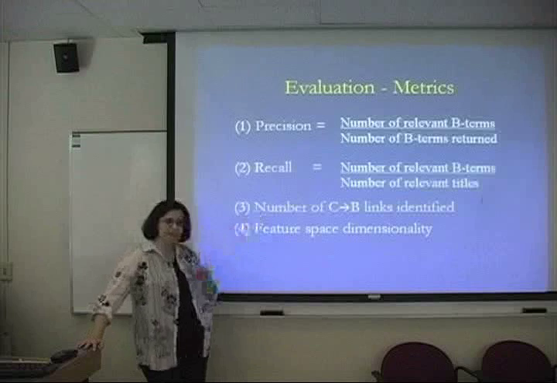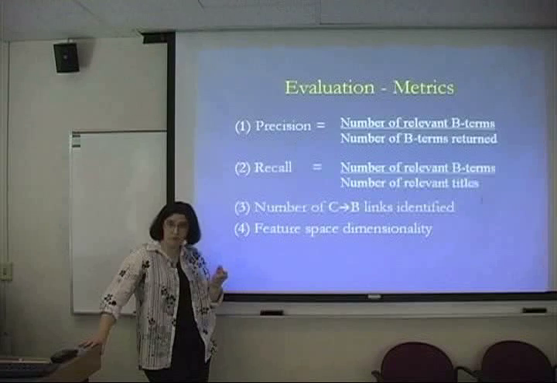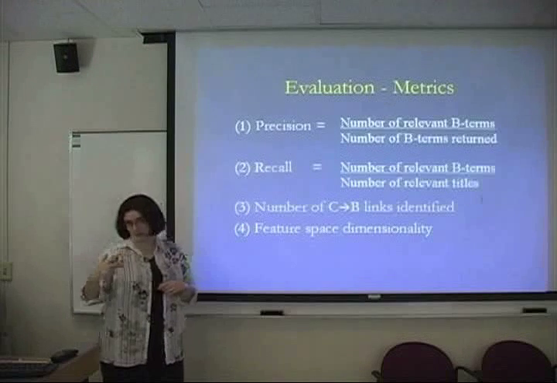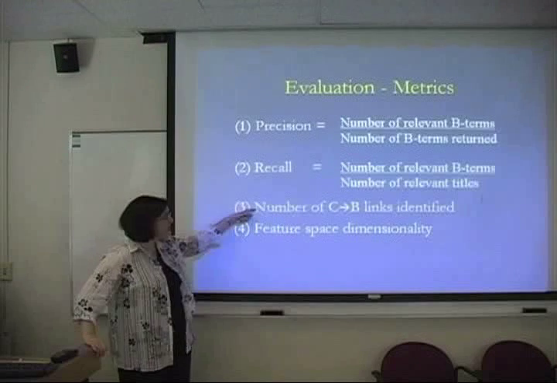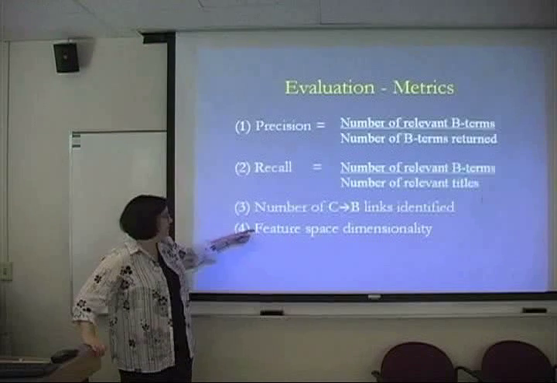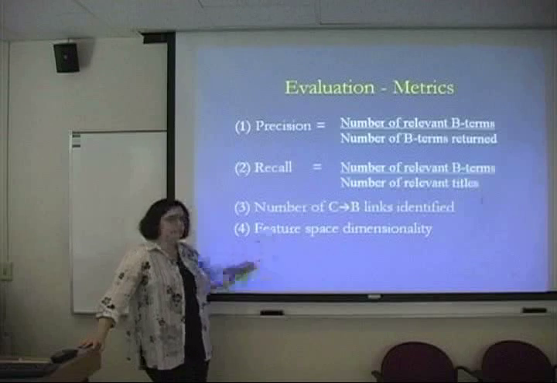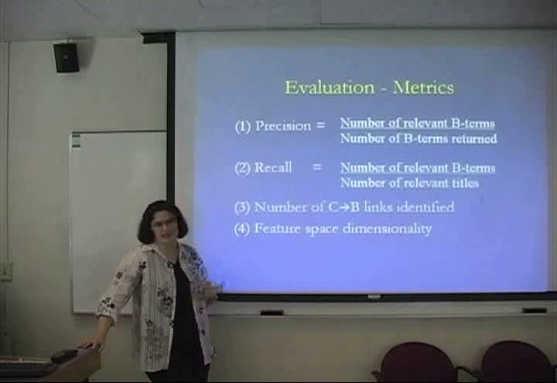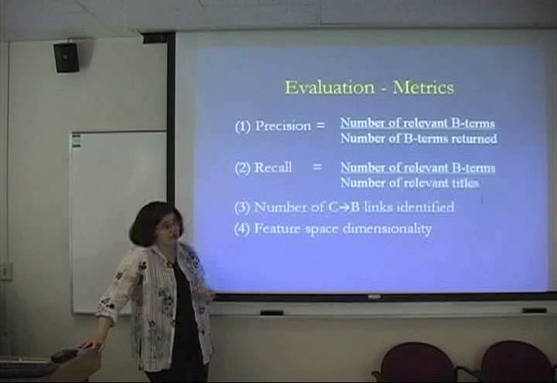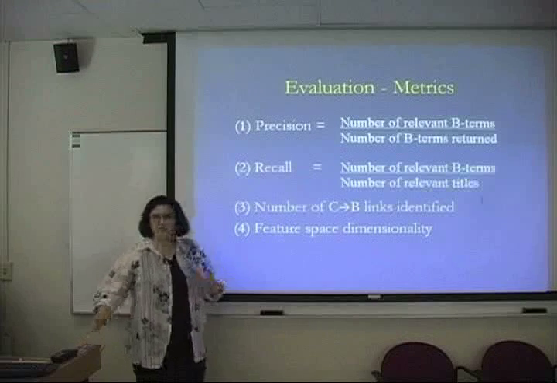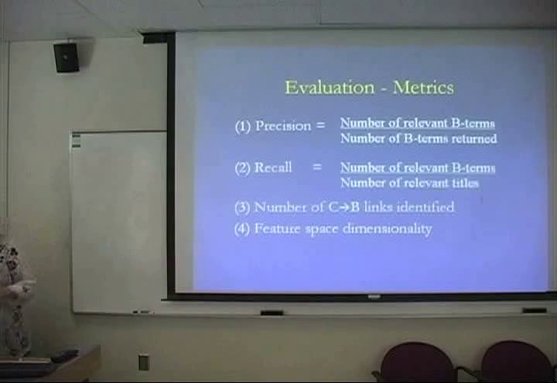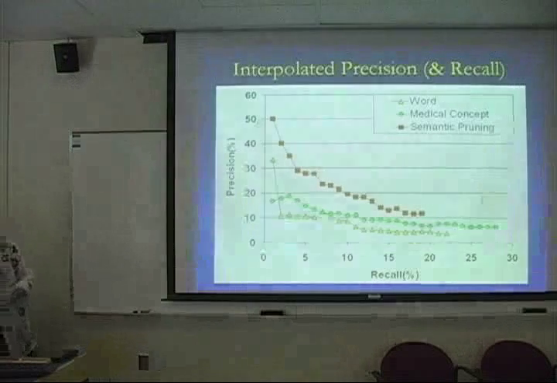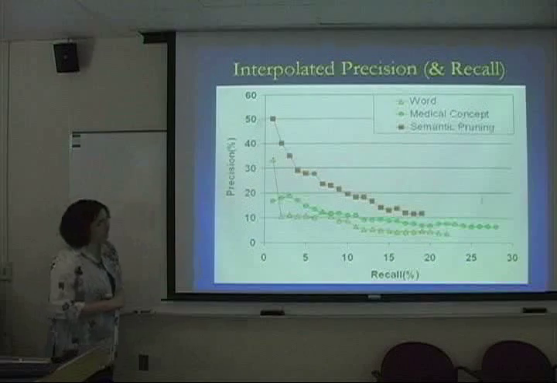So we did this at 20 terms, again words, concepts, or semantically pruned concepts, and again at 50, to see how many we would actually retrieve. And then lastly, we looked at how much this would reduce the space you're searching in. Folks don't have hour after hour to prune pieces, so we wanted that to be more efficient.